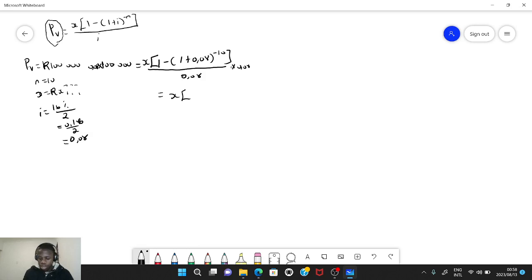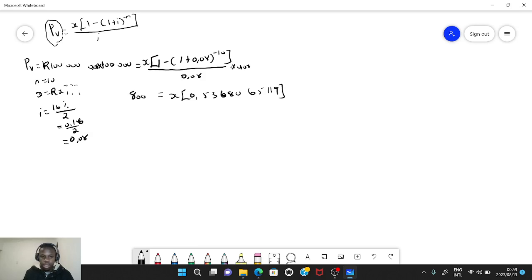Let's check. 1 minus 1 plus 0.08 to the power negative 10. In this case you'll have 0.536, this is 8065119, right? And then here, let's multiply that 0.08 by 100,000, that is 8,000, right?